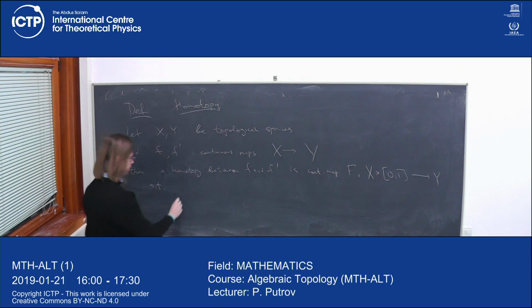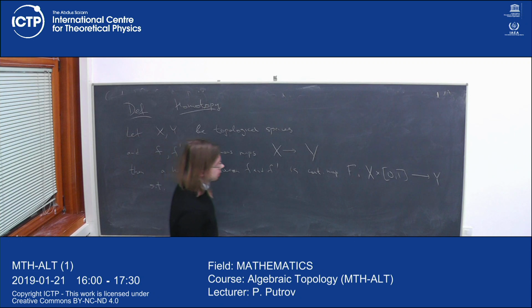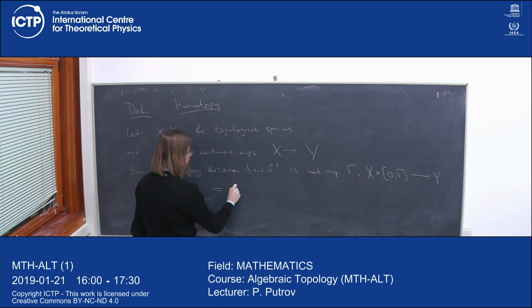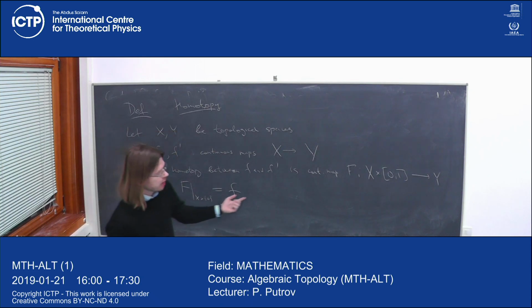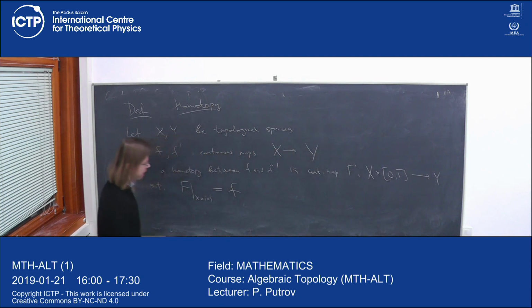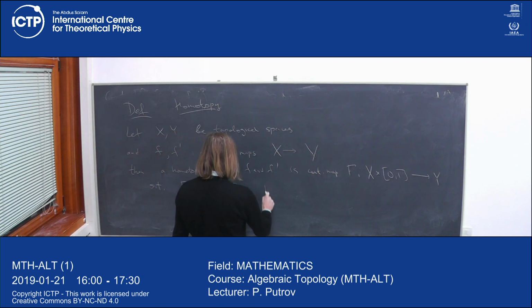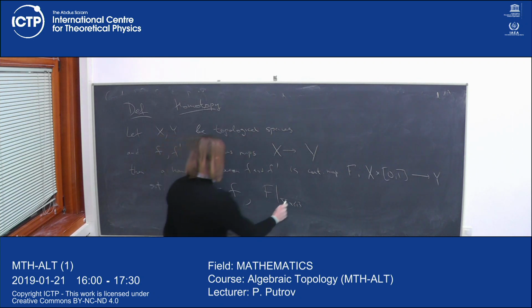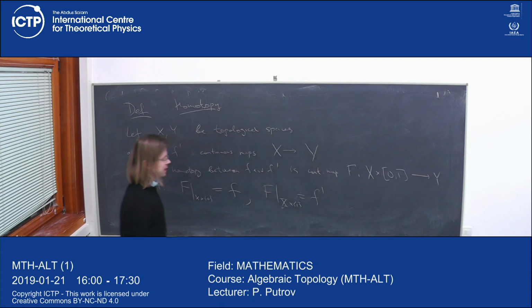such that if I restrict F to the beginning of the interval, so I restrict it to X times the point 0, it becomes just a map from X to Y. It will be the same as f, and if I restrict F to X times the point at the end of the interval, it will become the same as f prime.